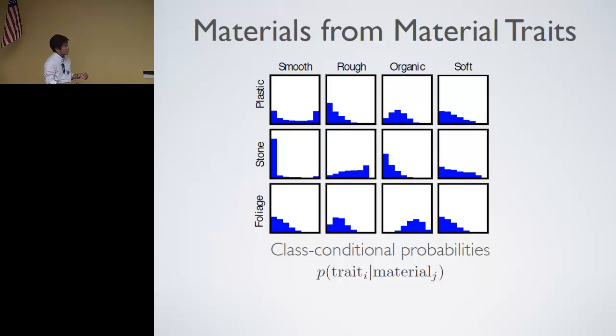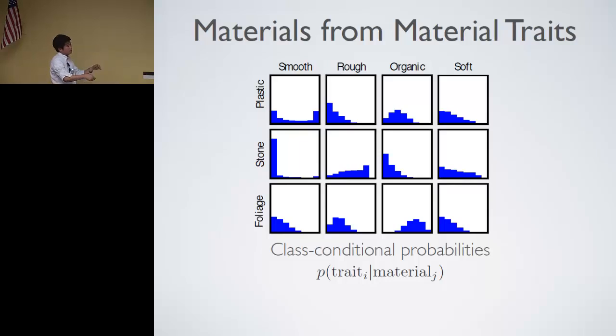For instance, it says that plastic is often smooth, rarely rough, sometimes organic, and somewhat soft. This, of course, doesn't necessarily mean it's physically correct. For instance, it says stone is often soft, but that's not true. But porous stone can have a soft appearance.